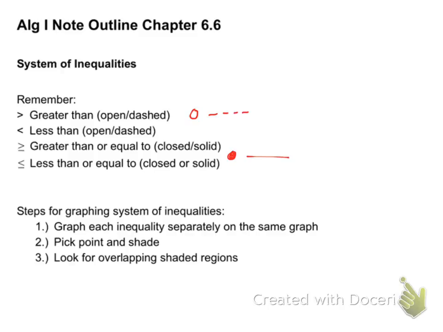Okay? So your steps for graphing these systems of inequalities. You're going to graph each inequality separately on the same graph. Now, this itself has a couple extra steps in it. When I go to graph this, I ignore the fact that it's an inequality.